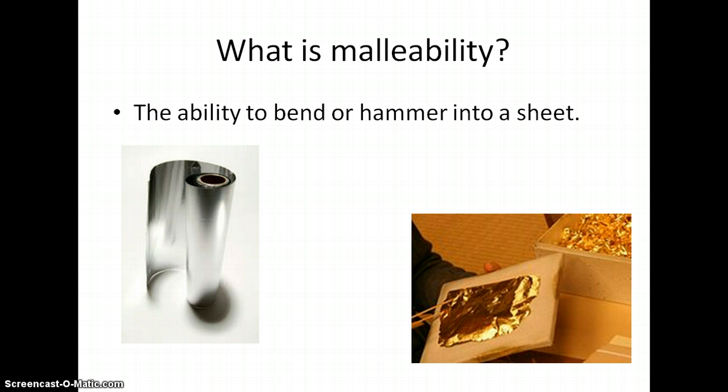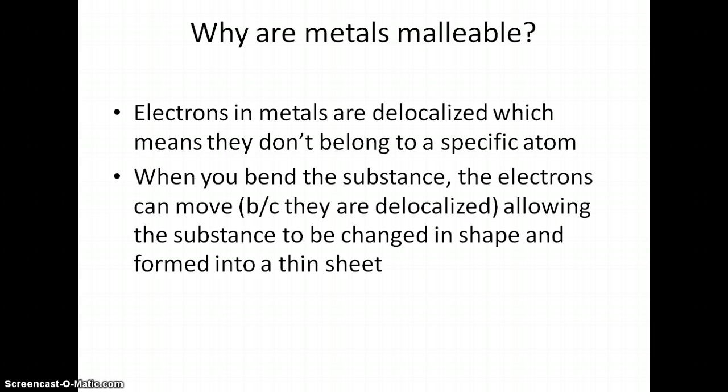All right, another trend is malleability, which is the ability to bend or hammer into a sheet. Metals can do this because their electrons are delocalized, which means they don't belong to any specific atom. So when you bend the substance, the electrons can move around, allowing the substance to be changed in shape and formed into a thin sheet.